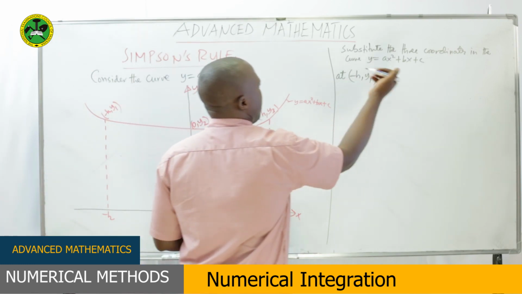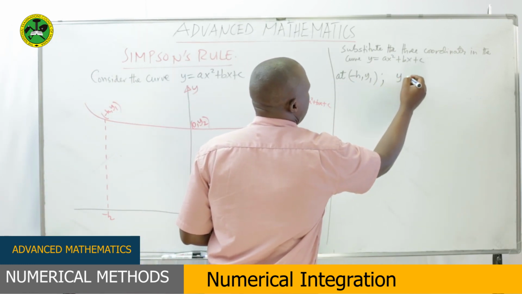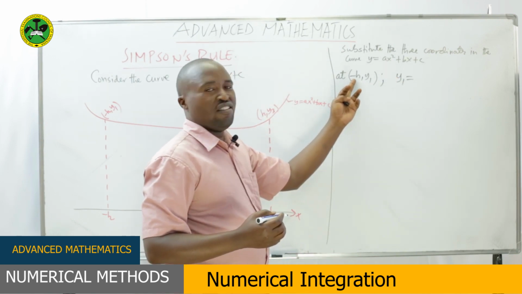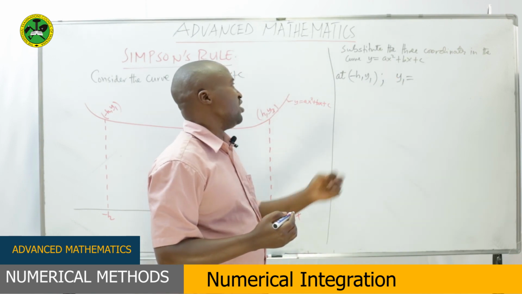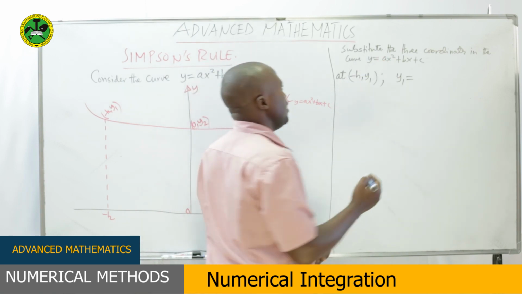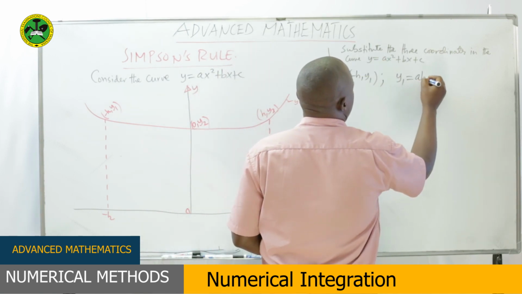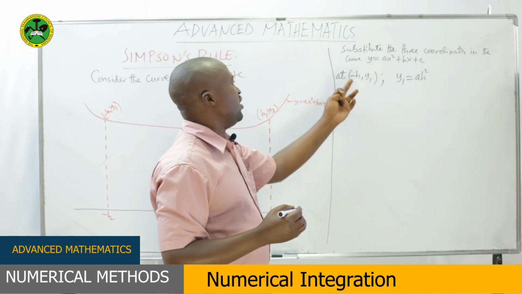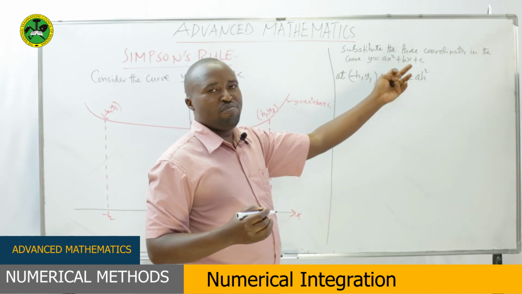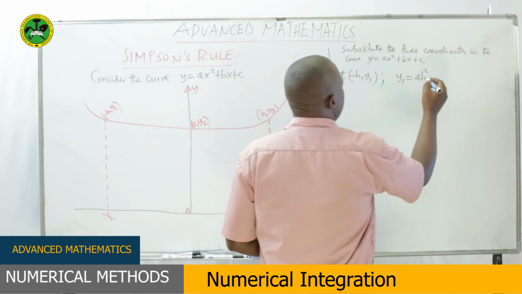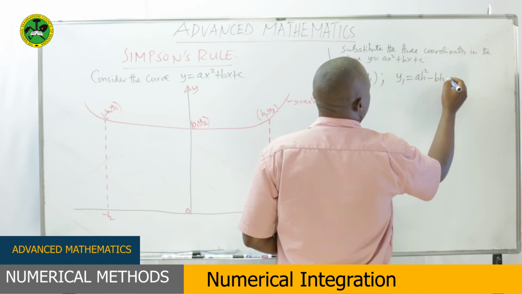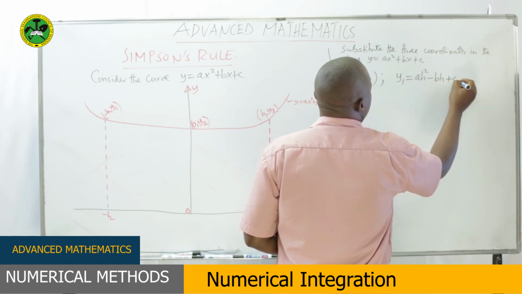That is, y1 is equal to, then we substitute the value of x, that is negative h. So negative h squared, that is ah squared. Then we have negative h times b, that is negative bh, then plus c.